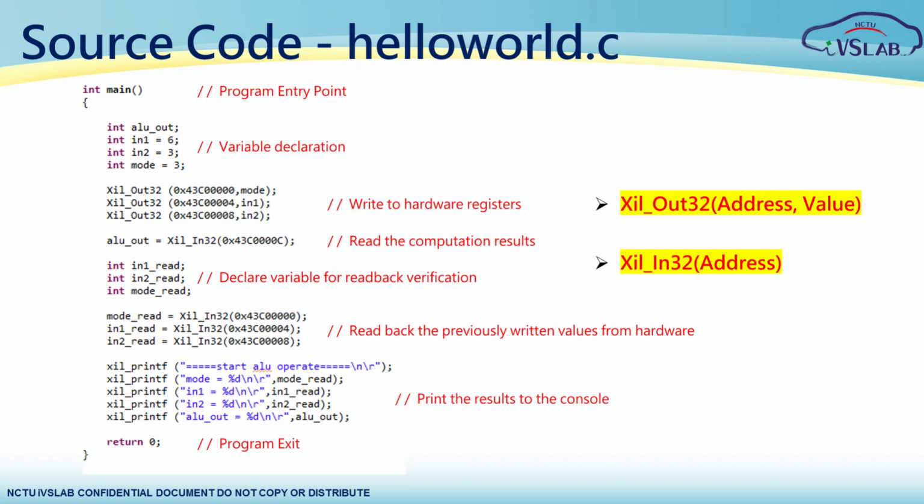Once the hardware completes the computation, we immediately follow up with the in32 function to read the execution results back from the target register. To guarantee data integrity, we've integrated a segment of readback verification into our code, which means we perform an extra in32 operation to fetch and verify the exact data we just wrote. Finally, we utilize printf to display the retrieved values onto our terminal, wrapping up the entire workflow.